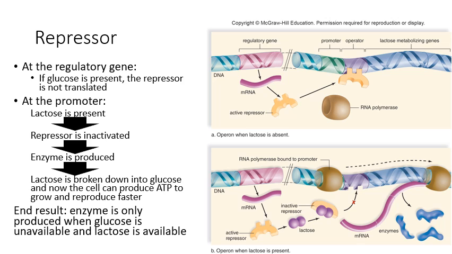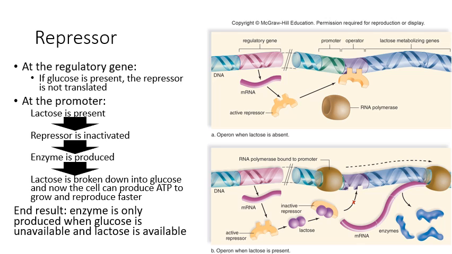Does the concept of what the repressor does make sense? How it responds to the presence of lactose? If the repressor is active, it blocks transcription. If it's inactive, it allows transcription, and it becomes inactivated by the presence of lactose. That's the key takeaway from this.